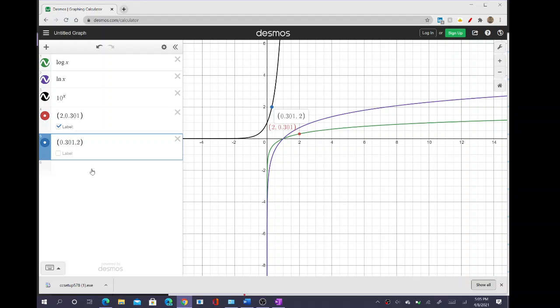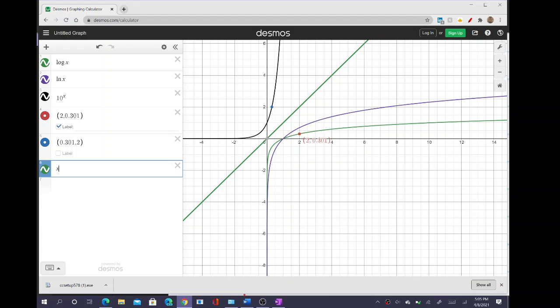What that means is that if we were to graph the linear function f of x equals x, they are reflected across the line f of x equals x.